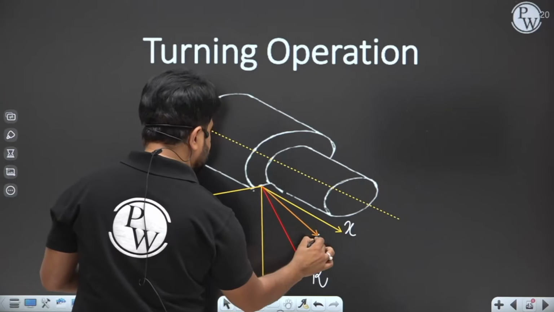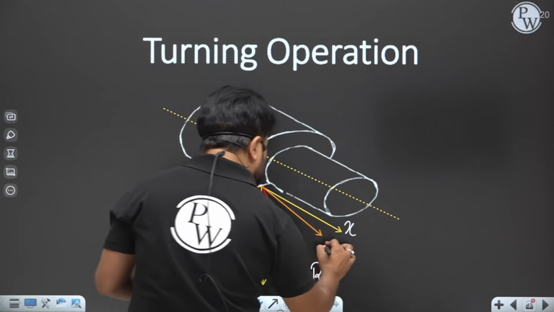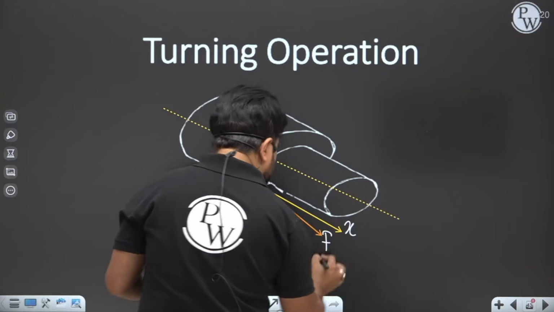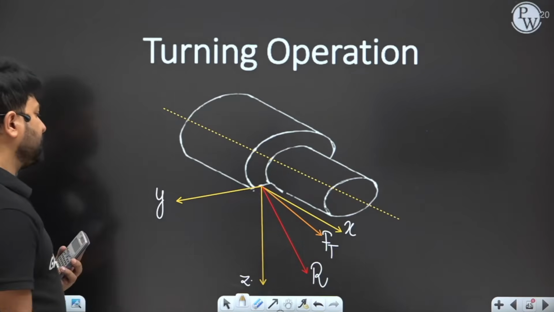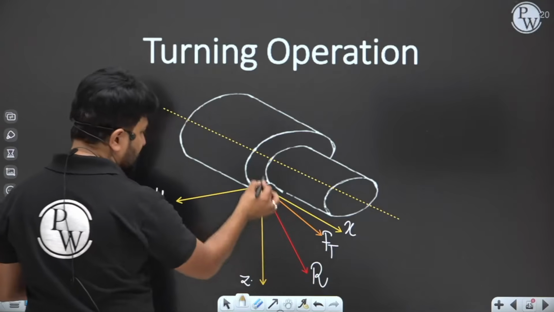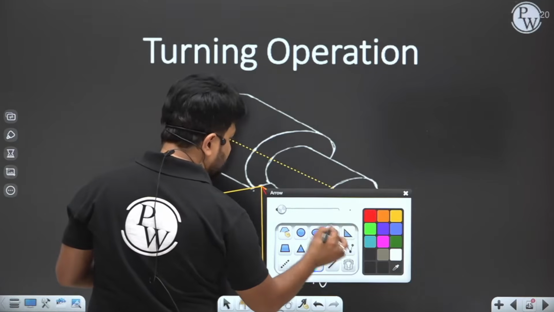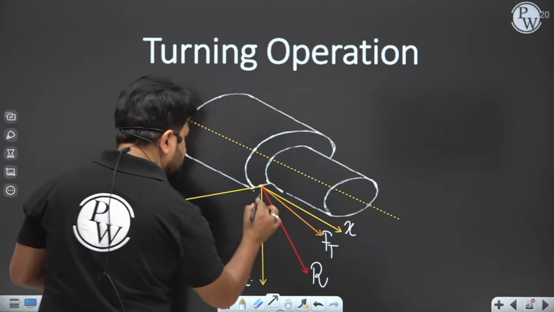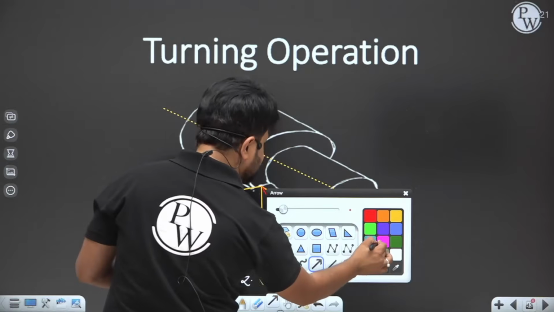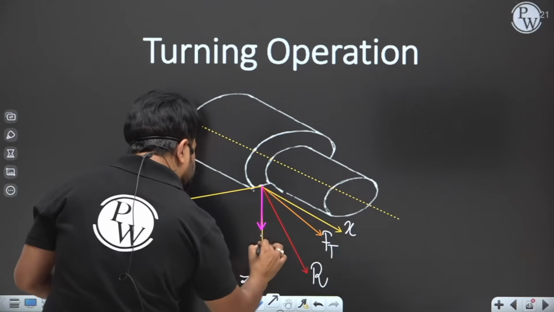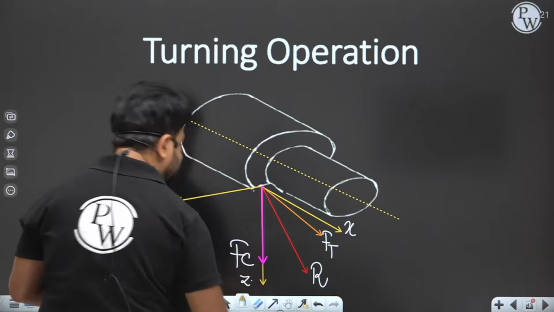This is the component of R in the xy plane, known as Ft. And if you take the component of R along the z-axis, this will become Fc.